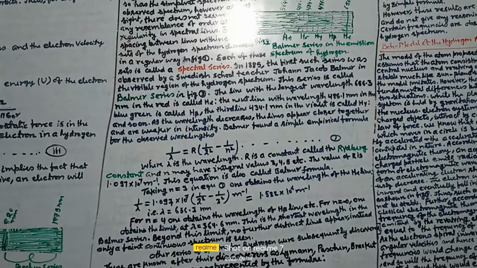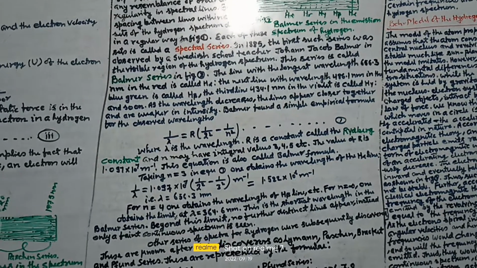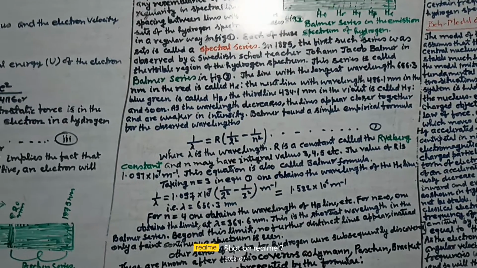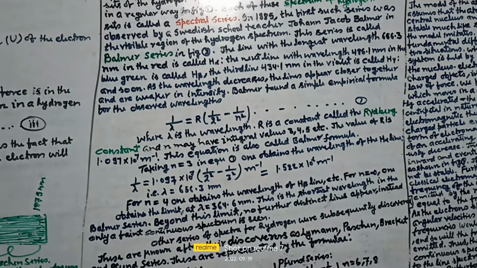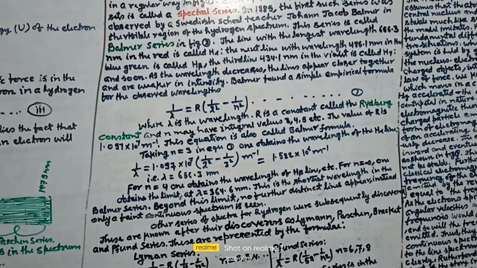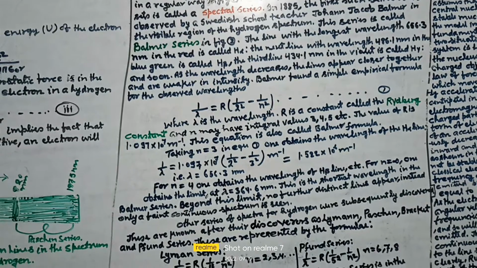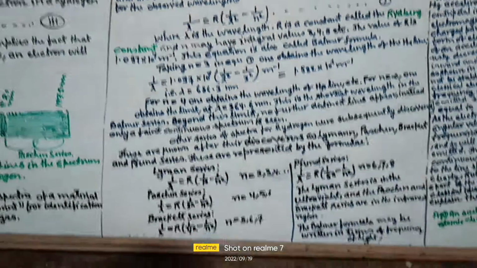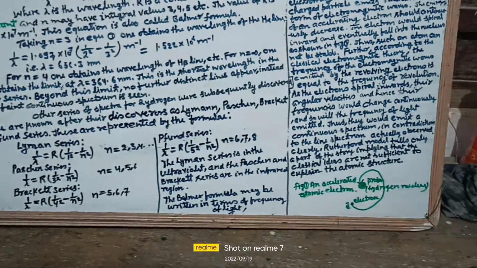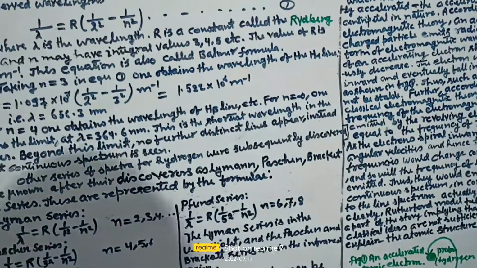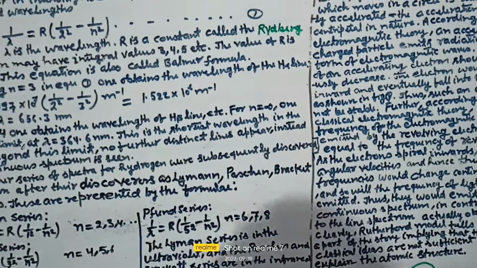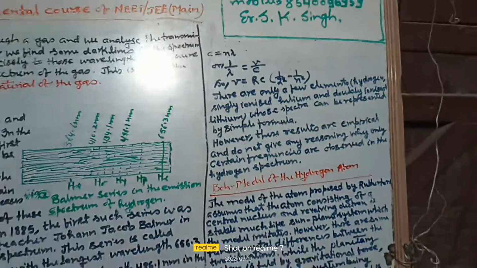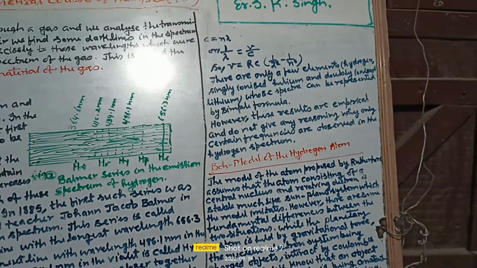Other series of spectra for hydrogen were subsequently discovered. These are known after their discoverers as Lyman, Paschen, Brackett, and Pfund series. These are represented by the formula. Now, the Balmer formula may be written in terms of the frequency of light, c equals nu lambda, or 1 by lambda equals nu by c.